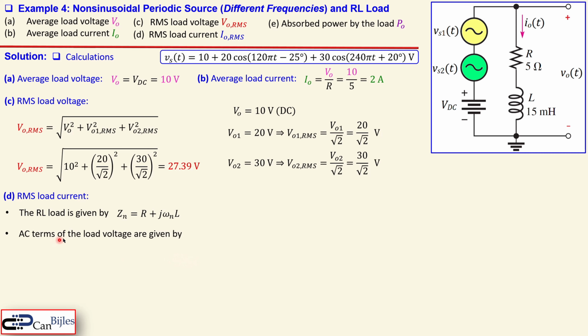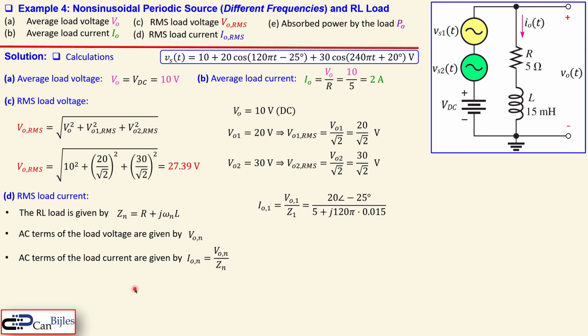We also have the AC terms of the load voltage given by this expression, so we can designate them V01 and V02. And we have also the AC terms of the load current that is related to that load, and also the AC terms of the voltage. That is just using Ohm's law. Okay, this is in general what we need.